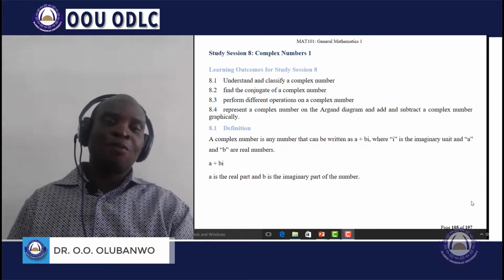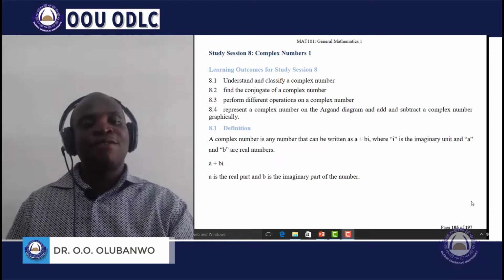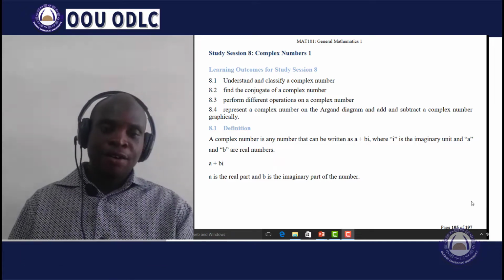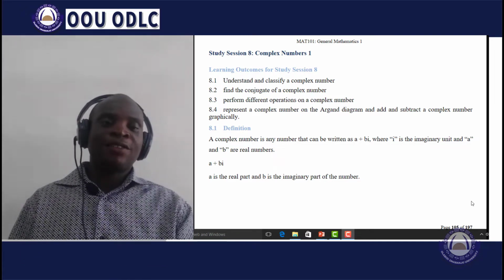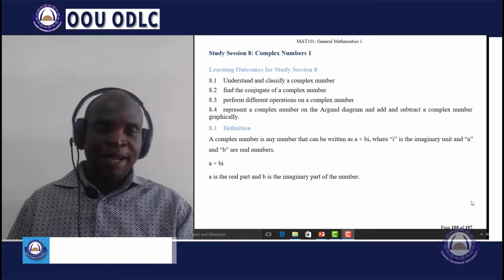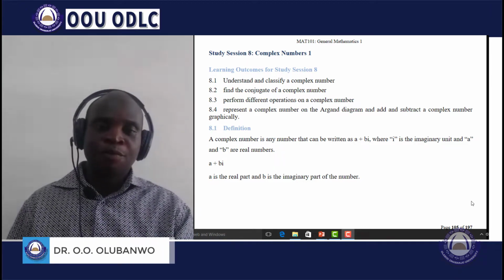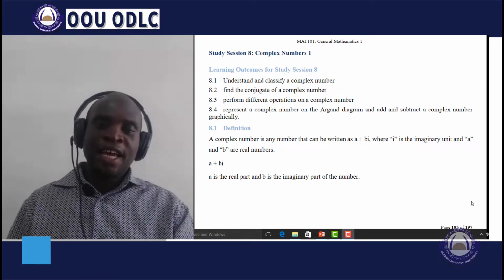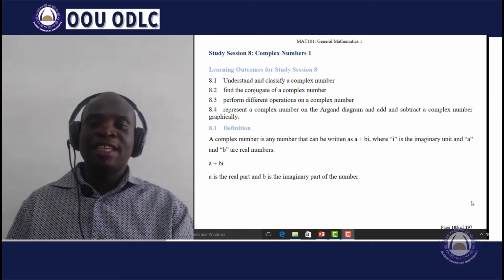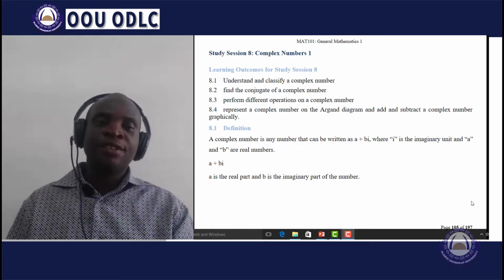What do you mean by complex number? A complex number is not different from other numbers. It is only an upgrade over real numbers. In a complex number, we always have the real part and the imaginary part. So by definition, a complex number is any number that can be written as a plus bi, where i is the imaginary unit and a and b are real numbers.